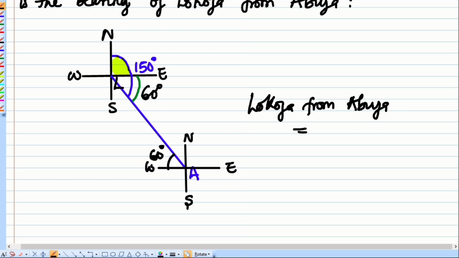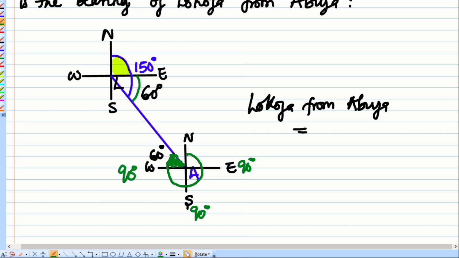So how do we get it? Remember, it is the angle that is turned from the north. So from Abuja, we go from the north until we get to that line that leads us back to Lokoja. So remember, from the north to the east is 90 degrees, from east to south is 90 degrees, south to west is 90 degrees, and then we have an additional 60 degrees. That's this angle here.